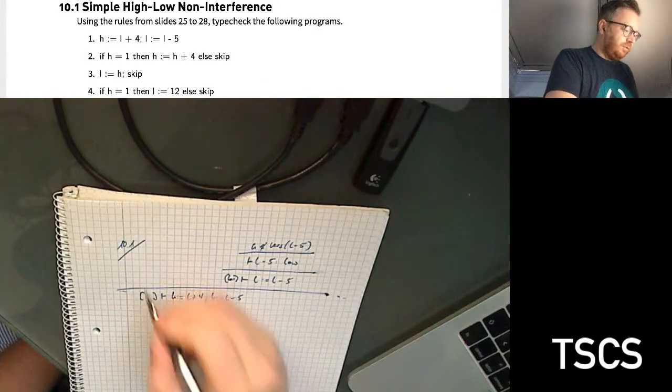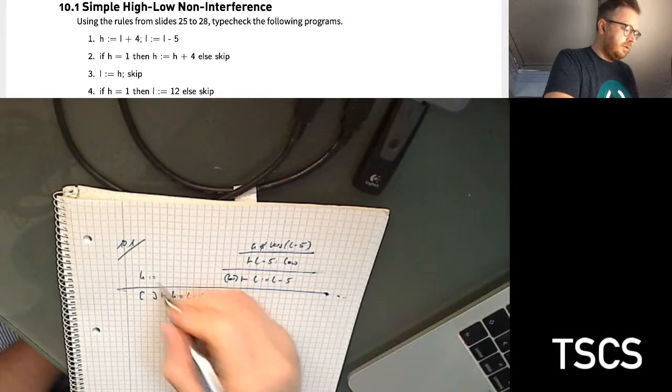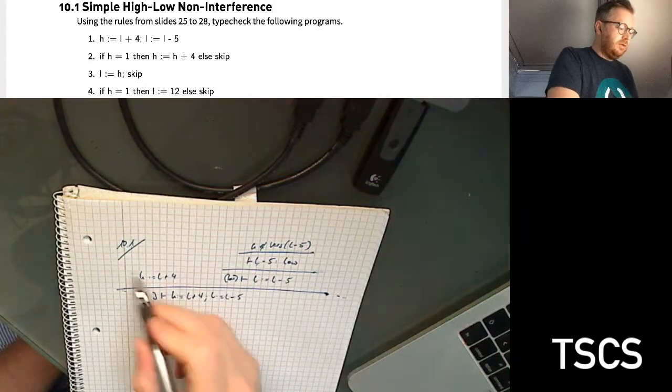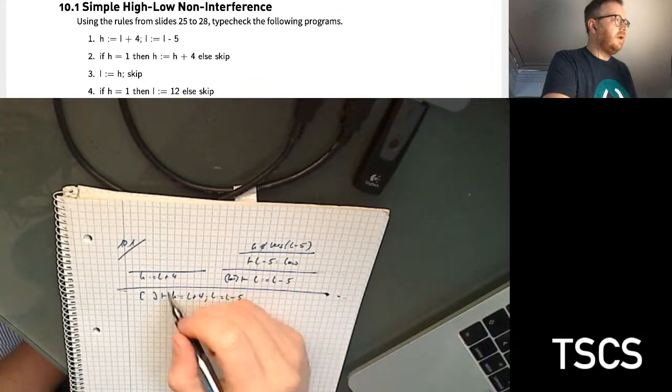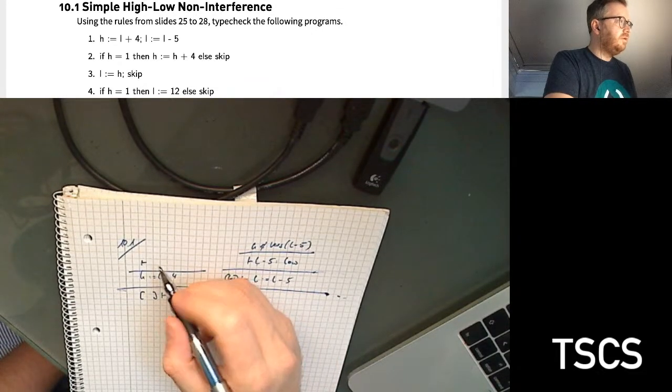So what about the left one? It's H assigned L plus 4. What is this? Well, L plus 4, we can do basically the same here.